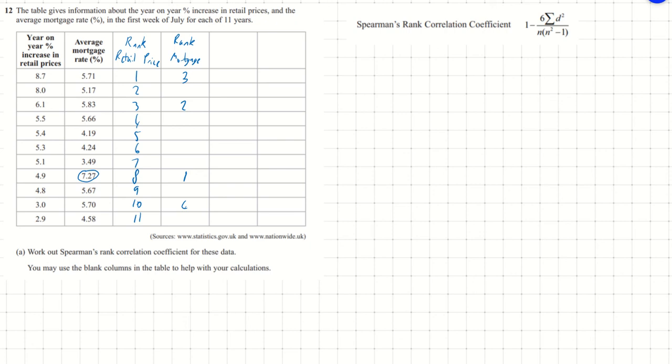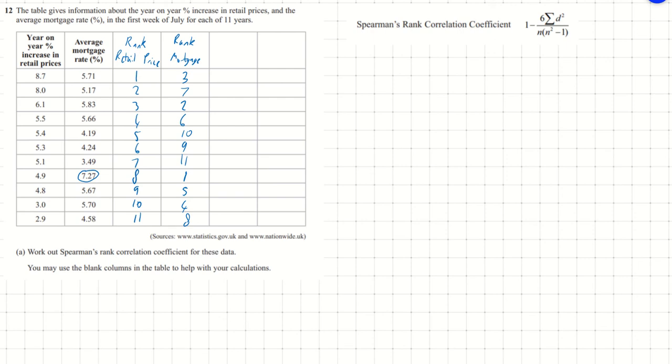Then 5.7. 5.67 should be given rank 5. Rank 6 is going to go to 5.66. Rank 7 here. Rank 8, 9, 10, 11. So it's pretty straightforward. I just have to fill in the ranks.